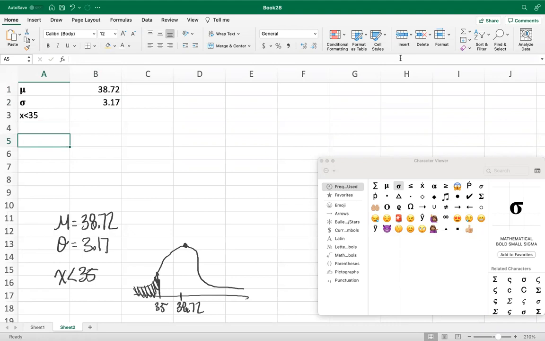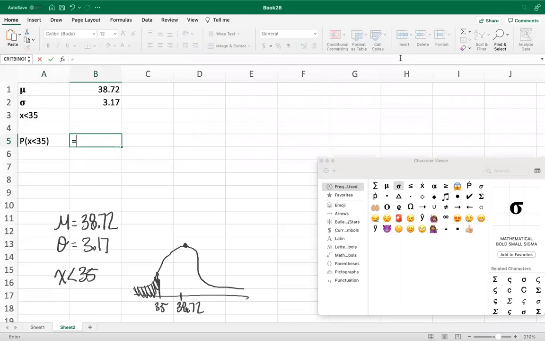So here, the area, the probability, or the proportion, remember there's two different definitions there, but the probability of X being less than 35 is equal to, we're using normal distribution.